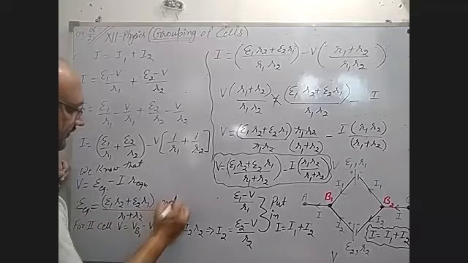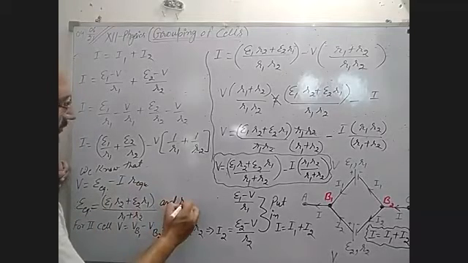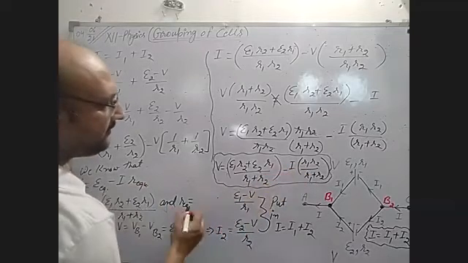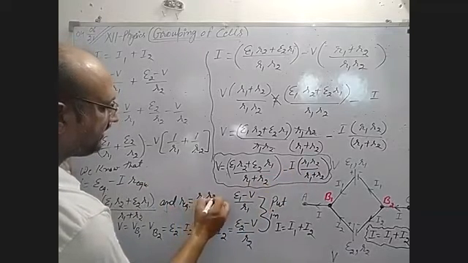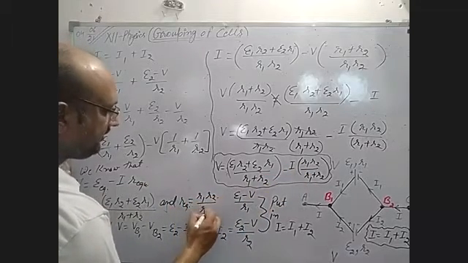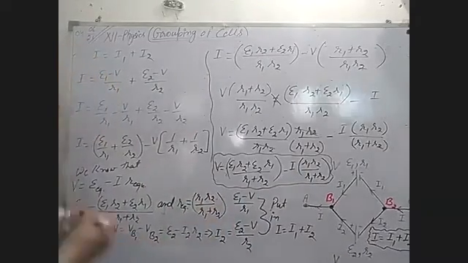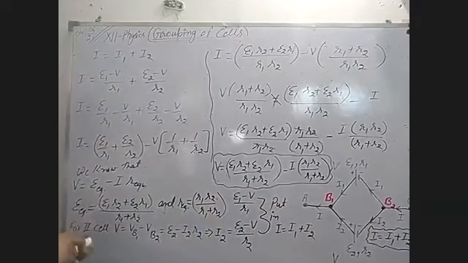We were taking minus here, but we should take plus. And what is the value of R equivalent? R equivalent is equal to R1 R2 upon R1 plus R2. Okay, now this is the required result.